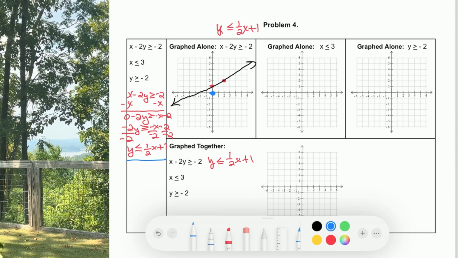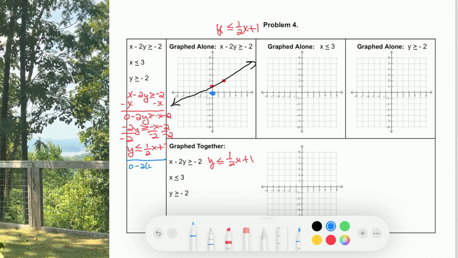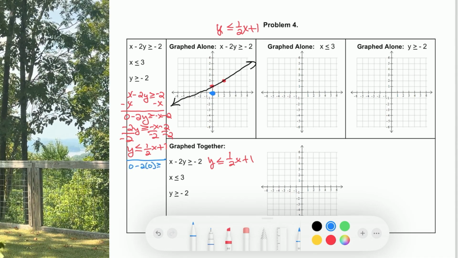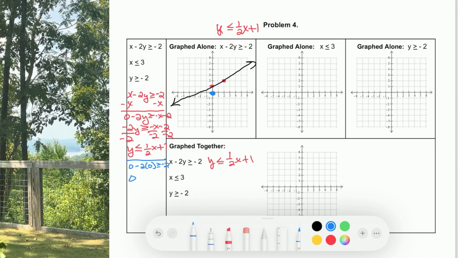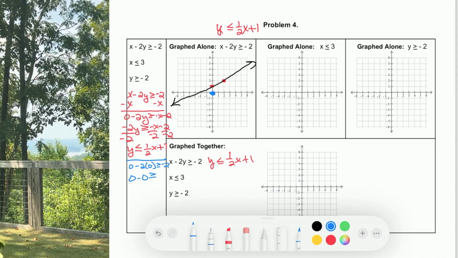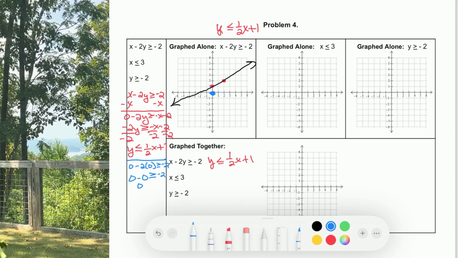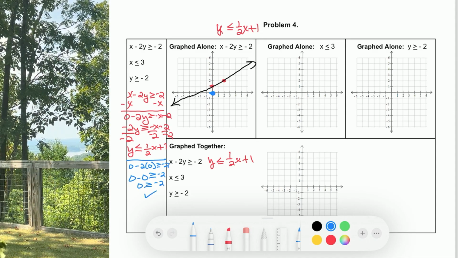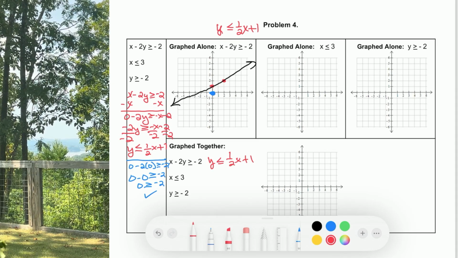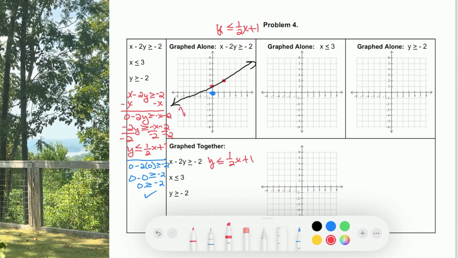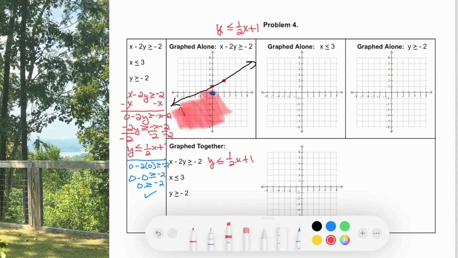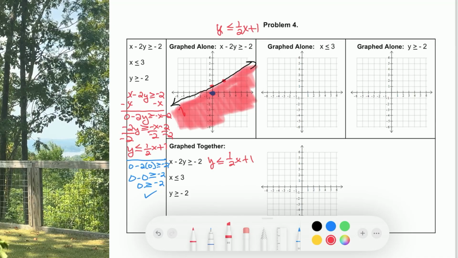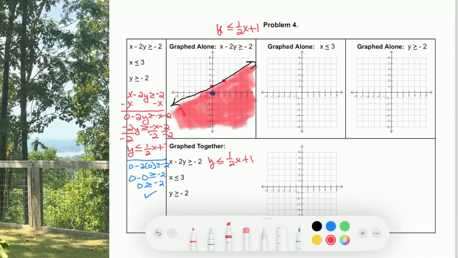So I'm going to plug in 0 minus 2 times 0 is greater than or equal to negative 2. 0 minus 0 is greater than or equal to negative 2. And 0 is greater than or equal to negative 2. Yes, that is true. So my shading is going to be on that side. So let me pick my highlighter here. So I'm going to shade over here for that particular line.